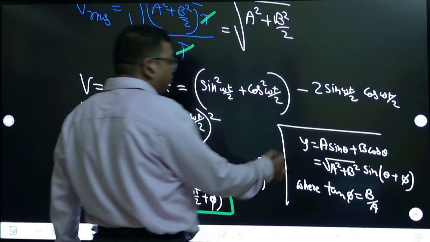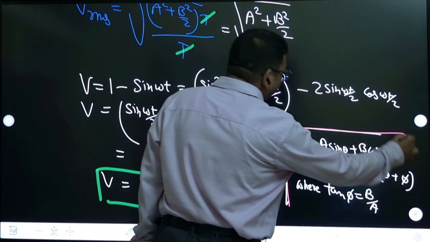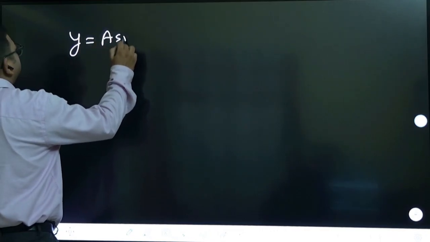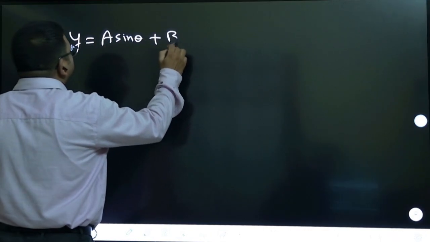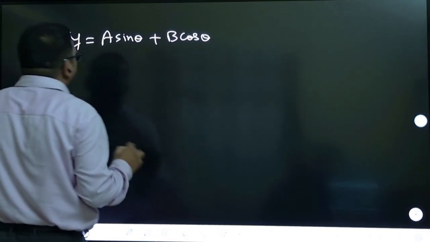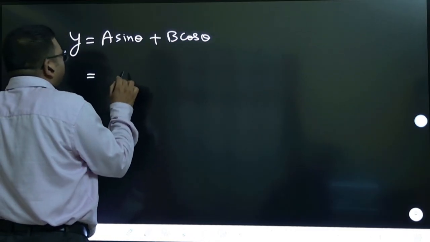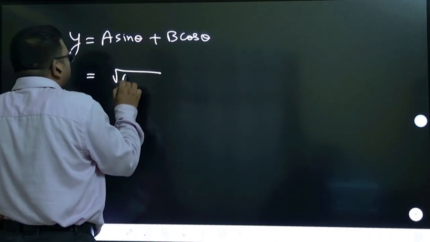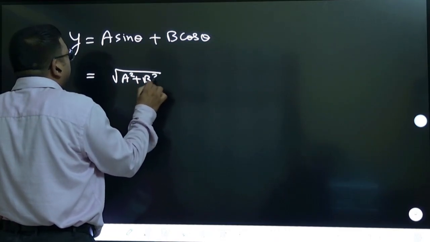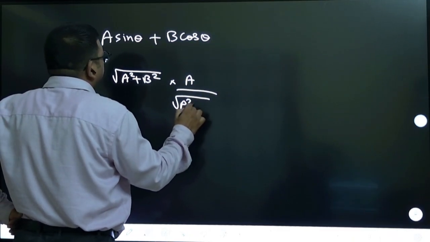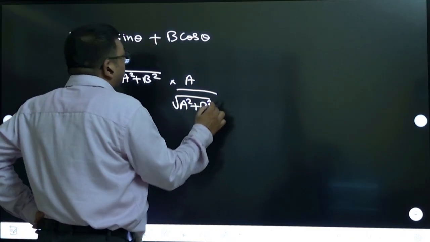Now this formula is a very important formula. This formula derivation we will do. Okay, very important derivation. Suppose y is equal to a sine theta plus b cos theta. Okay, so now I can do like this. I can multiply root under a square plus b square into a divided by root under a square plus b square into sine theta.